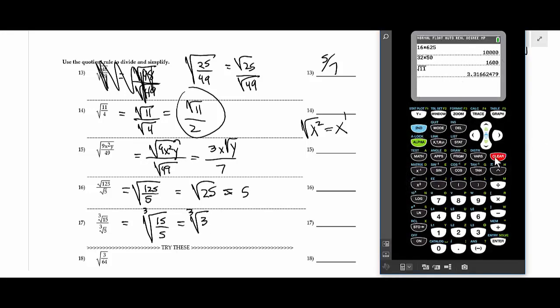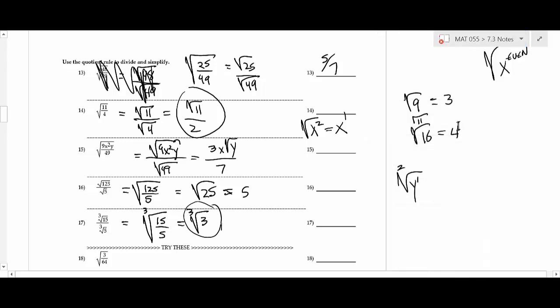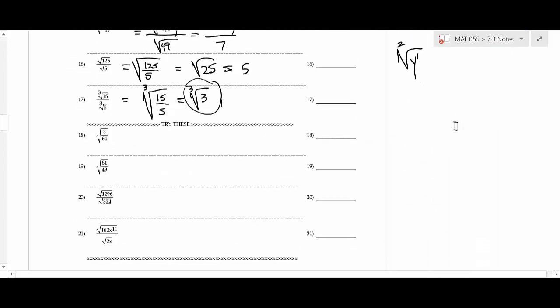If you needed to, as you're kind of learning this, if you did the cube root of 3, you're going to get a bunch of decimals on it. That's not what I want. So the problem's done. That's it. Okay, if that doesn't simplify, if you don't know what that cube root is, then you're done. Okay, so that's the idea. Okay, these are all fairly simple to do. Let's kind of get these done, and then we'll get into the good stuff. Okay, so go ahead and work these out.